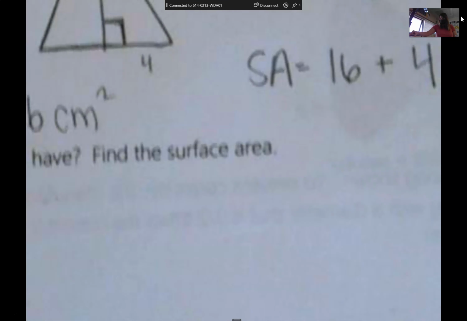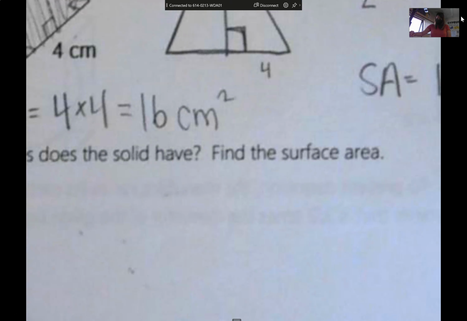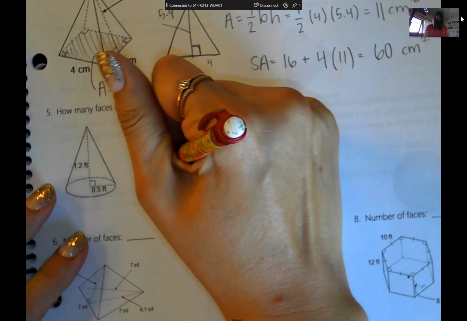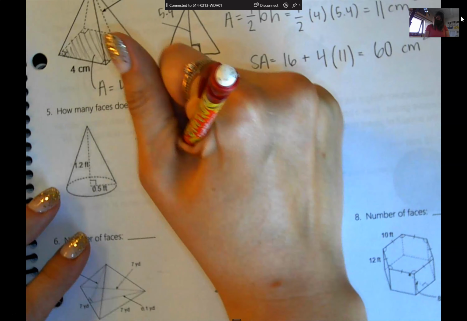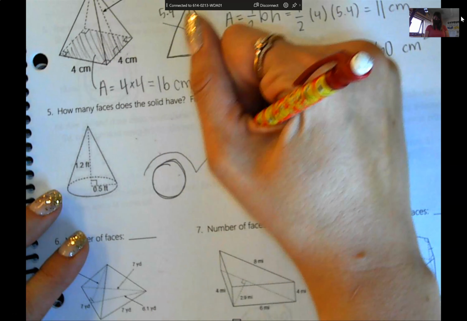Okay, unfortunately, for the cone, we have to use the formula. Let me show you why. First, how many faces does this guy have? Well, it's kind of hard to see, but if I unfold it like this, what this cone looks like is a circle. And then the shape that goes with it looks like this.